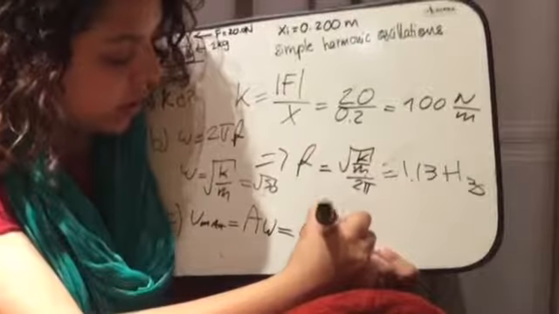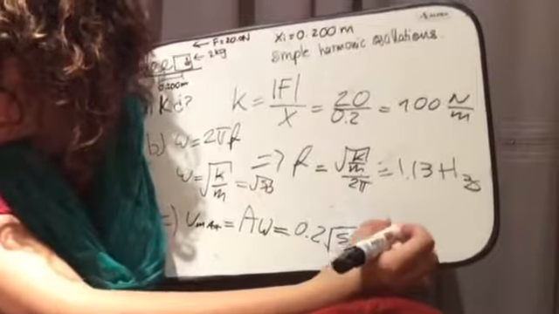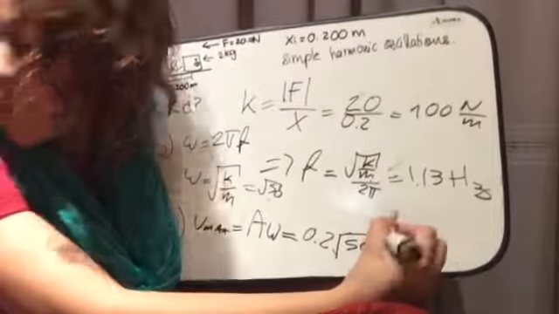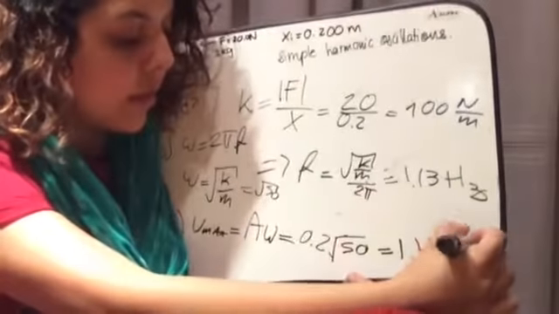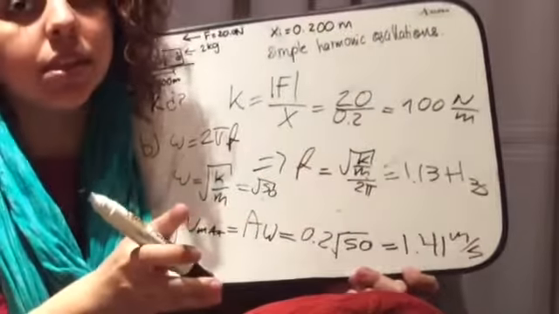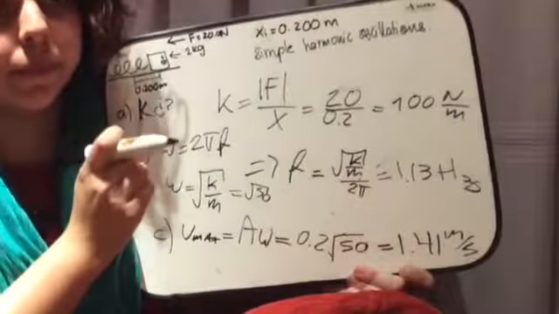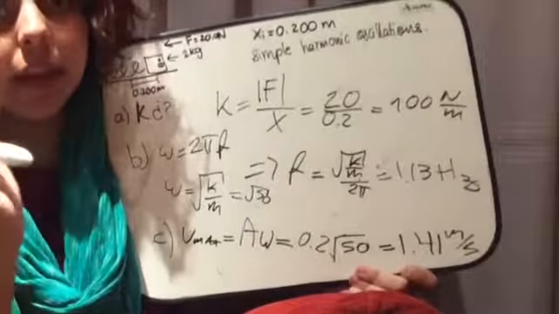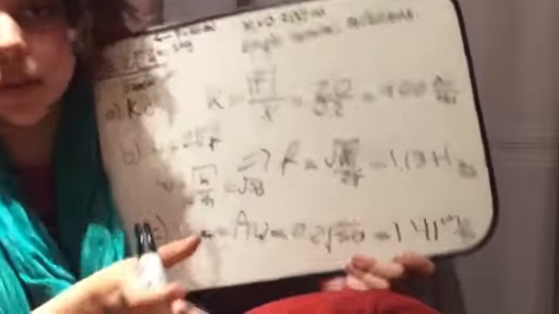So it's 0.2 times the square root of 50, and this gives us a total of 1.41 meters per second, of course. This takes place when x equals 0, the origin of the x-axis, because that's when it has the most impulse to move. So that's when you will have the highest velocity. I will erase this to continue with the next steps.